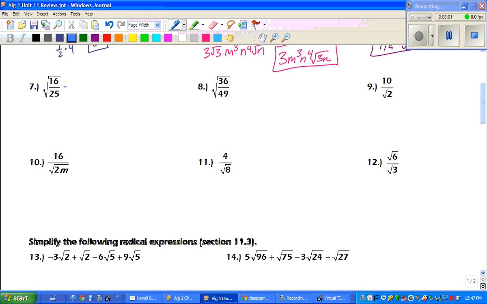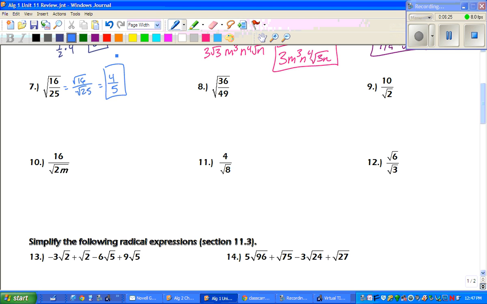Alright, number 7. When you see number 7, you want to break it down into the top and the bottom. So you get the square root of 16 over the square root of 25, which breaks down to 4/5. And you always want to check if you can reduce it. So can you reduce that fraction? Nope. Alright, number 8, on your own.